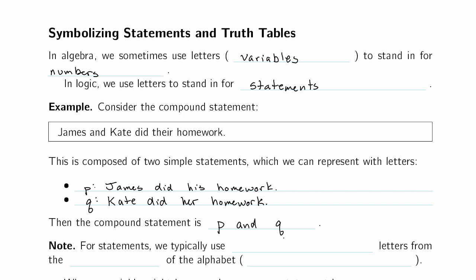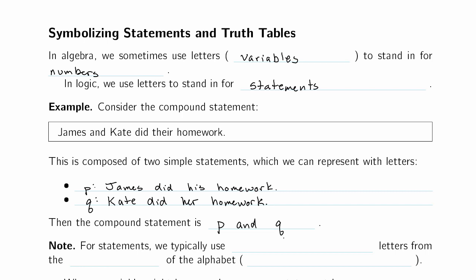So often in various areas of mathematics, we have conventions for what kind of letters we like to use for our variables. In algebra, we like to use X, Y, Z, W, lowercase letters near the end of the alphabet.